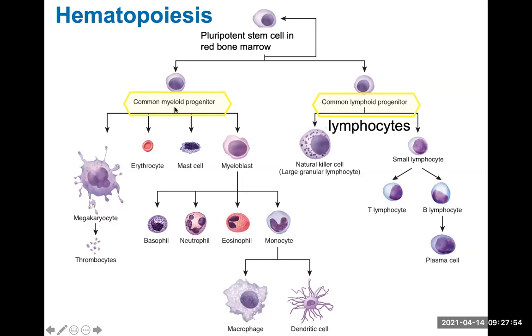And the myeloid progenitor makes the cells that lead to your platelets. It makes your red blood cells. It makes mast cells, which, recall, are cells found throughout the body, but especially concentrated in your skin.